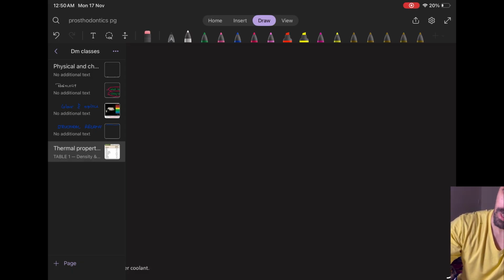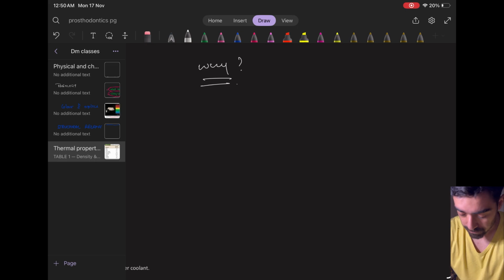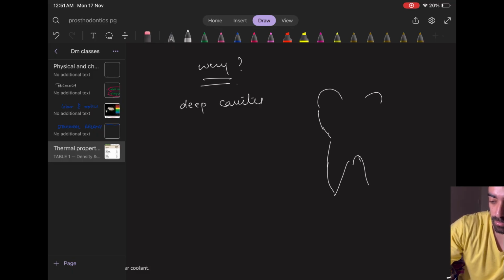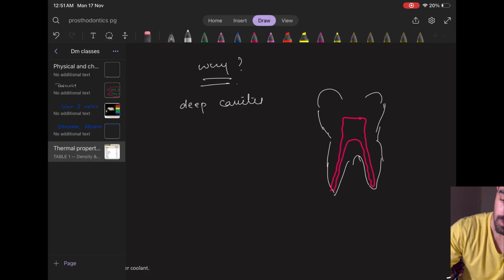The first question, as always, why do we need to study thermal properties? Whenever there are deep cavities, what do I mean by deep cavities? Let us say this is the tooth and I have pulp inside it, and this caries is coming very near to the pulp.